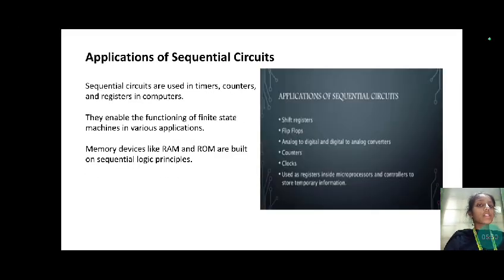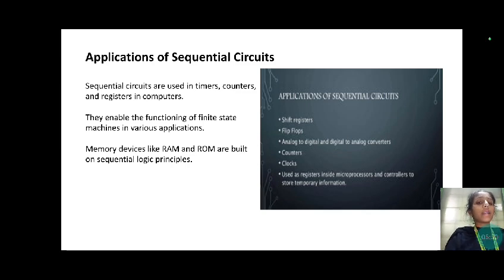Applications of sequential circuits. Sequential circuits are used in counters and registers. They enable the functioning of finite state machines in various applications. Memory devices like RAM and ROM are built on sequential logic principles.